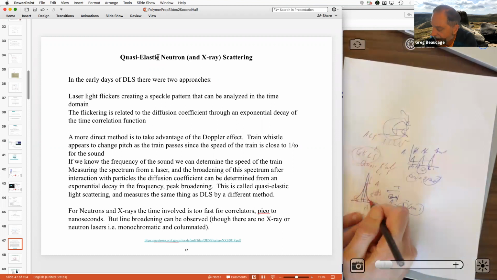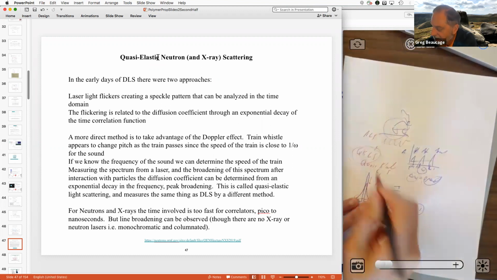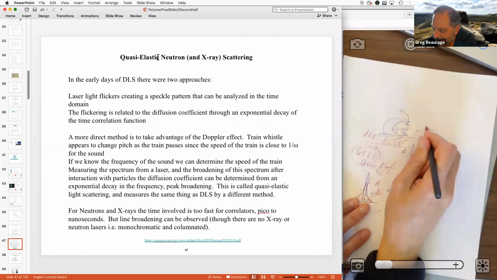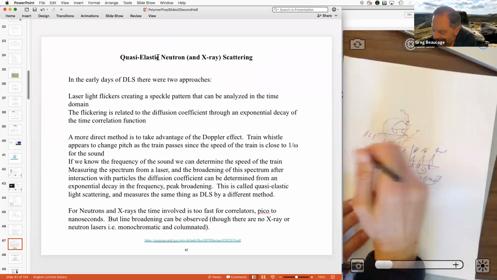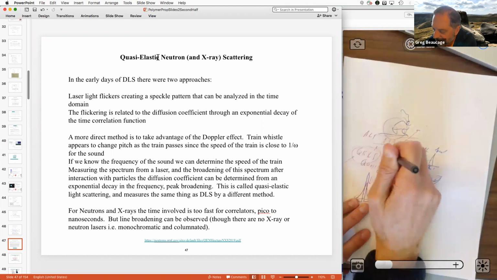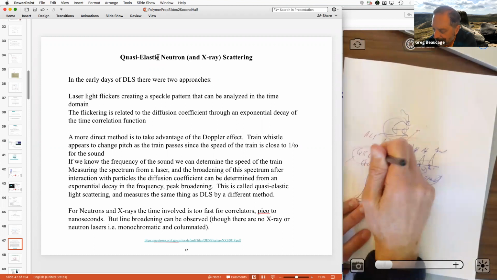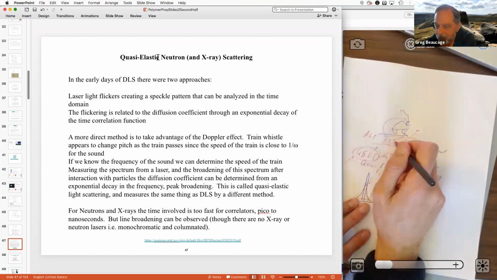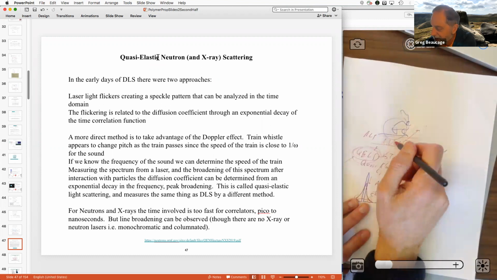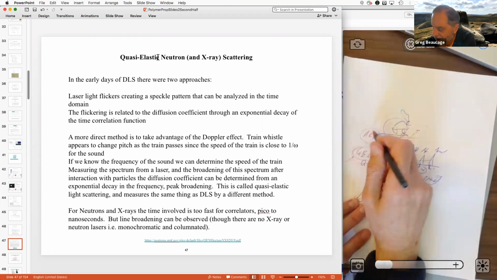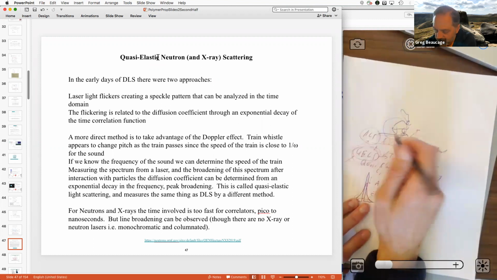With DLS, you had to have a computer and it would take a long time to analyze the data. So QELS was first in to get these relaxation times, tau. It won, for about 3 years. This was the main tool. And then people invented this computer correlator that could spit out the answer immediately. And then it was realized that DLS is a much better technique to use to get the same information.